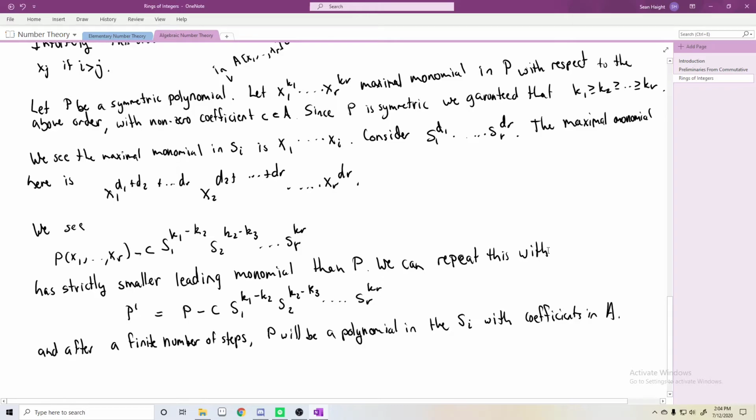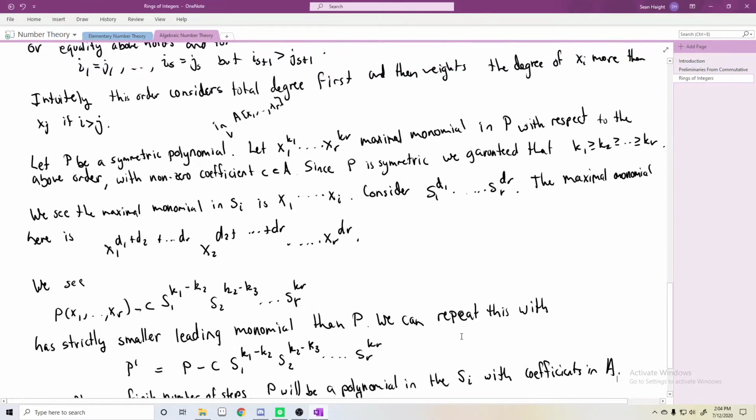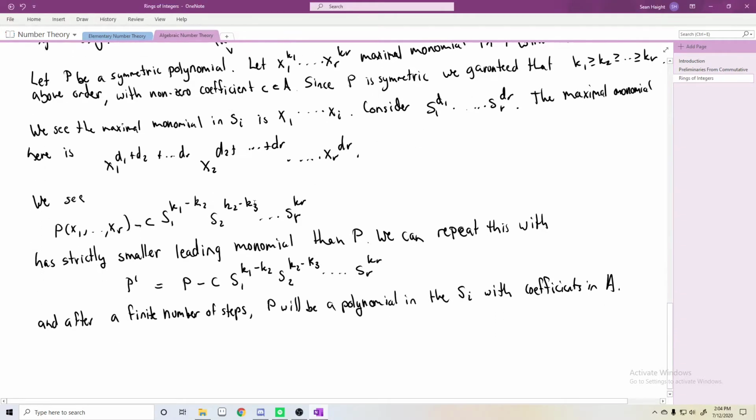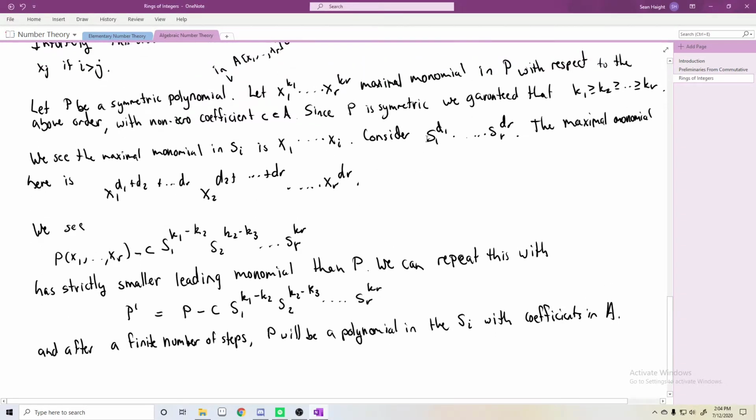There's another way, maybe one that makes more sense, to make this argument run. You would take not just any P, but maybe the symmetric polynomial, this is maybe kind of confusing, but you take P to be the symmetric polynomial with the smallest maximal monomial that's not contained in the algebra generated by the elementary symmetric polynomials, and you shoot for a contradiction.